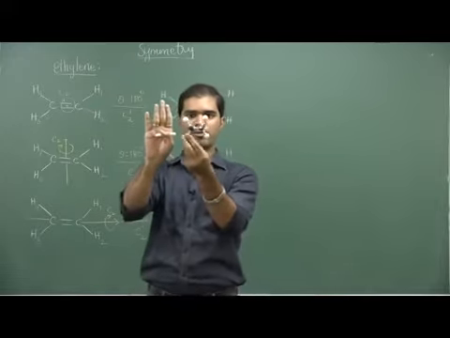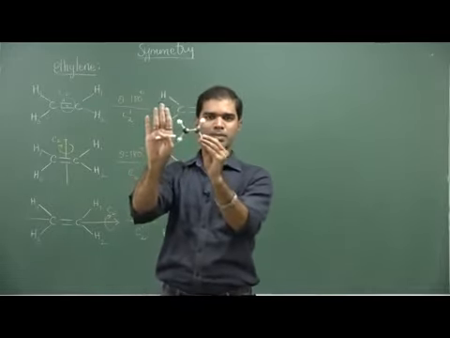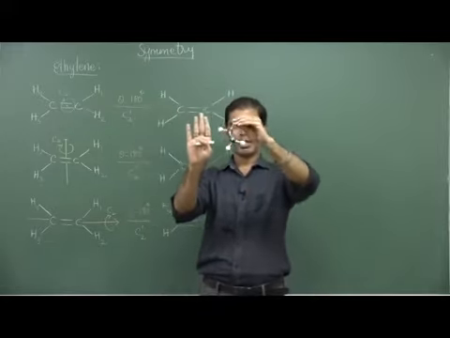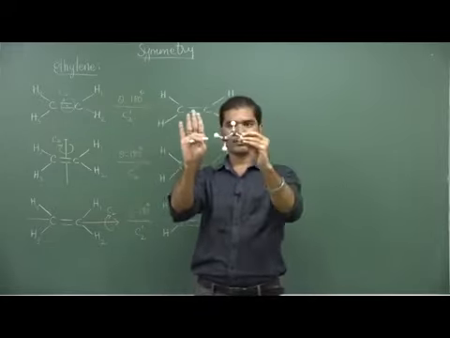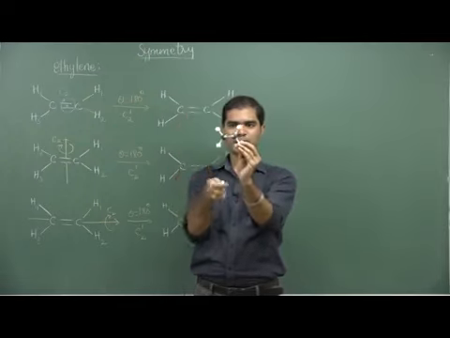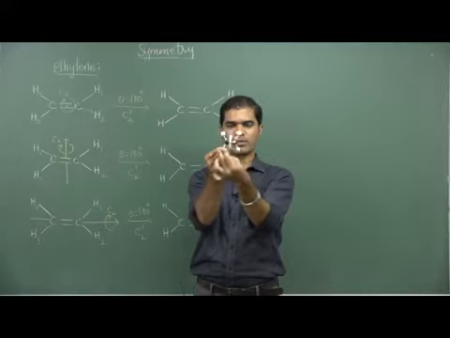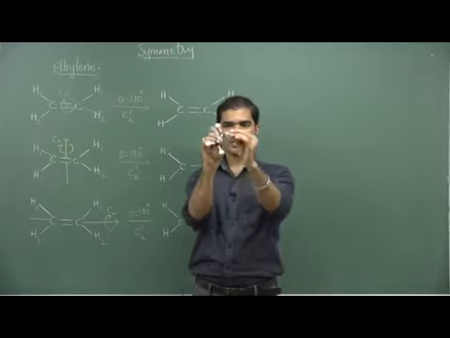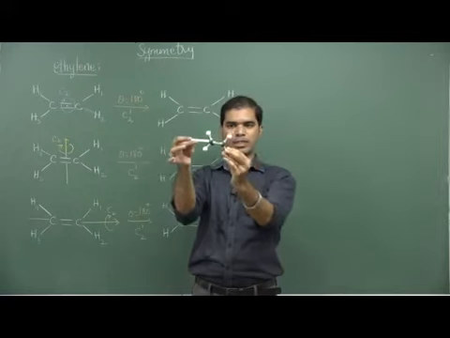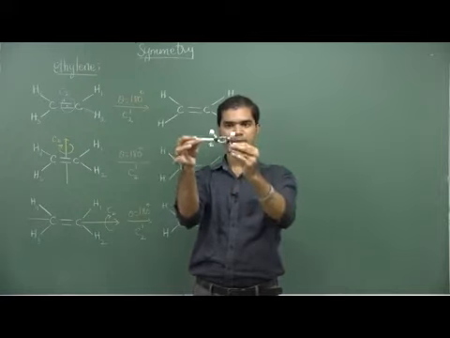All these things have to be remembered because this has some importance in group theory and character table construction. This is an in-plane rotation. Now this one is an out of plane rotation. So this is the rotational axis out of plane. This is the rotational axis in plane. Third one is through the two carbons. It is also an out of plane rotation.